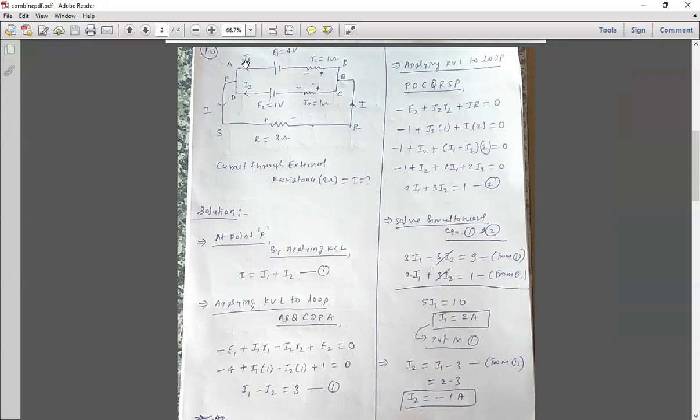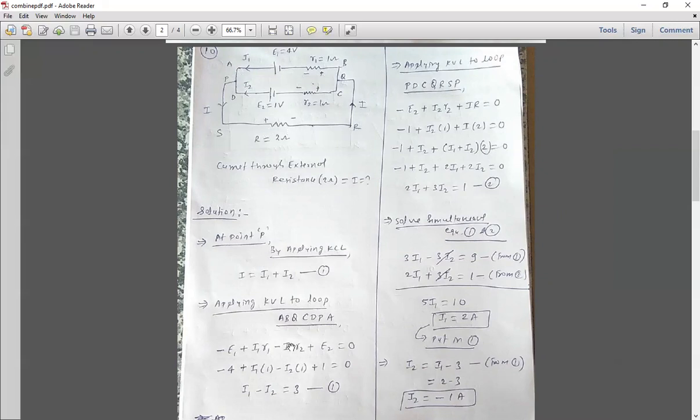As you are going from A to B, this EMF you are moving from positive to negative, hence it will come as minus E1. And as current on this branch is moving towards A, it means point B is positive, point A is negative. So the terminal of a resistance toward high potential will be a plus, the terminal toward negative potential will be a minus. This current I is flowing from S to R, so point S is high potential, point R is low potential, so plus minus sign.